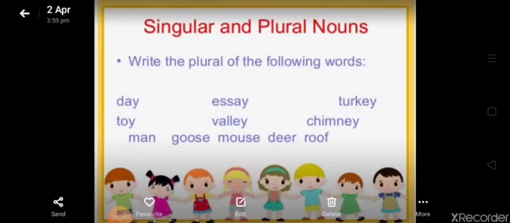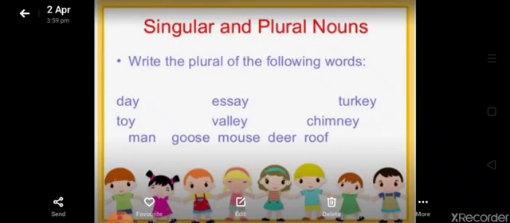Now in this exercise we can see, write the plural of the following words: day, toy, essay, valley, chimney, turkey, man, goose, mouse, deer, roof. So, day, days, toy, toys, essay, essays, valley, valleys, turkey, turkeys, chimney, chimneys. Why are we going to put s?